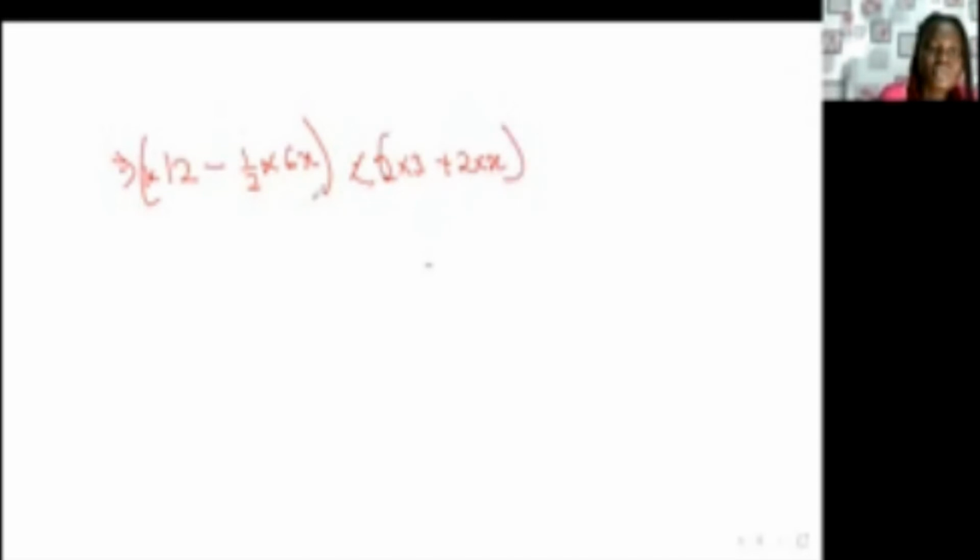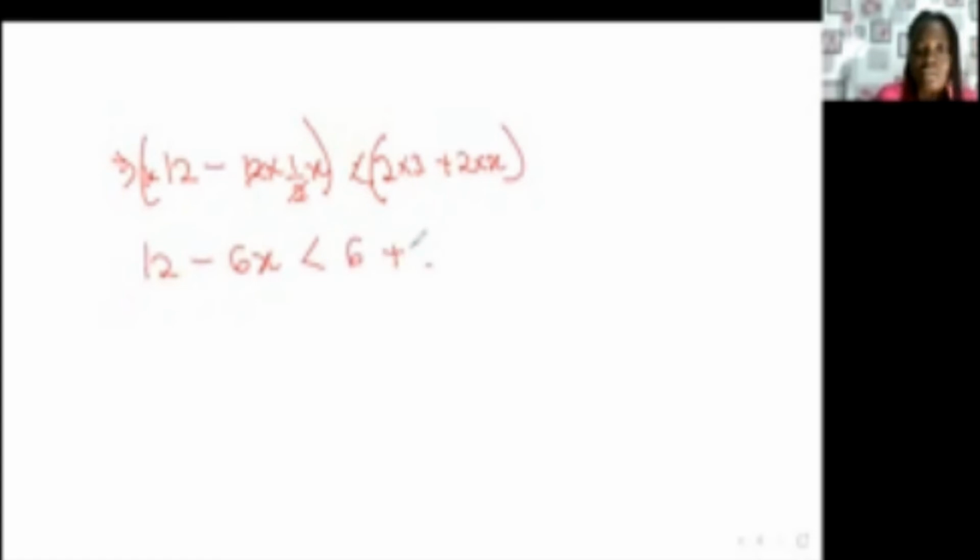Good. So with this, we are going to have 12 minus 12 times 1 over 2x. And simplifying this, 1 times 12 gives us 12 minus this, and this will cancel out. So we are going to have 6x. Good. Less than 2 times 3 is 6 plus 2x.